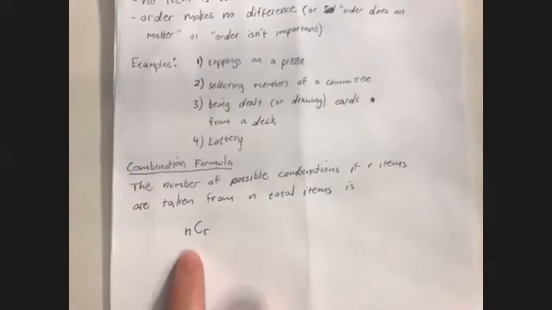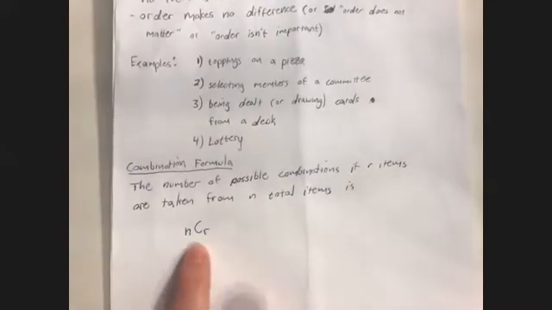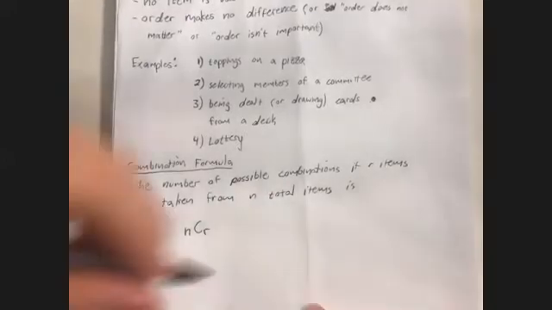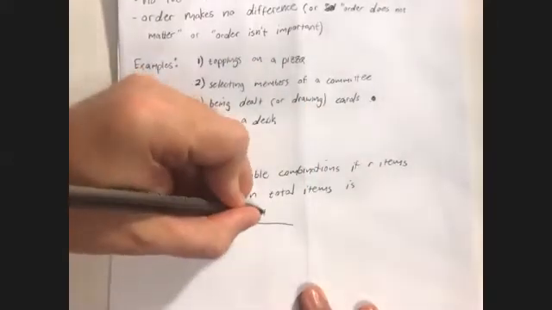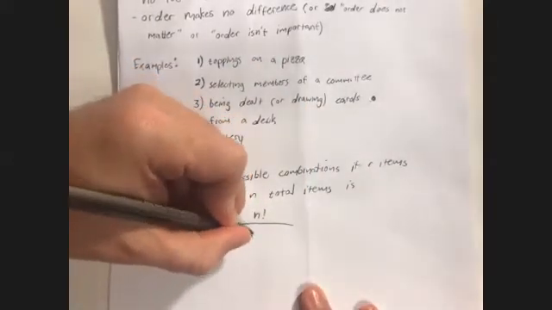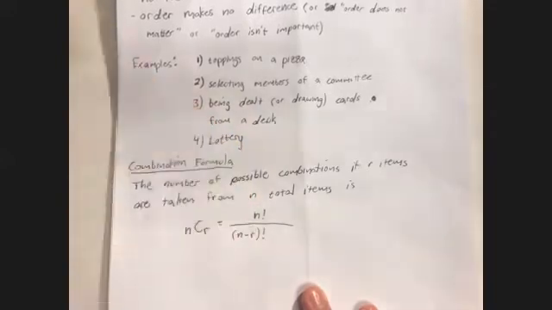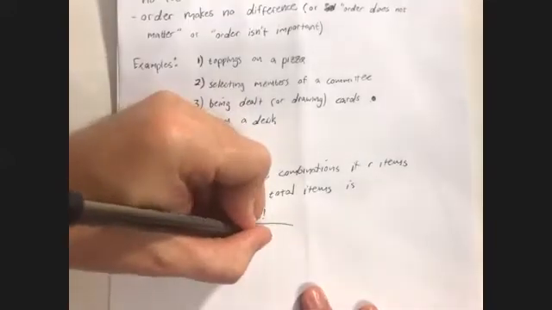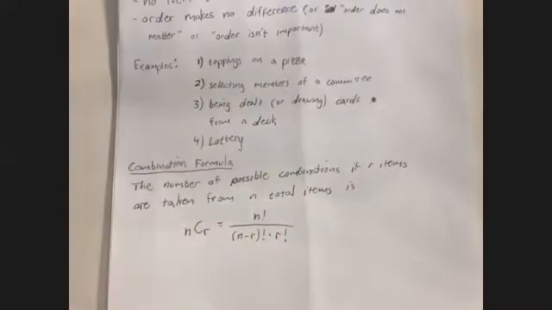So like with the permutation, P was capital and the two other letters were smaller, so these are really subscripts. The C is a capital letter. But that is defined as n factorial over n minus r all factorial times r factorial.